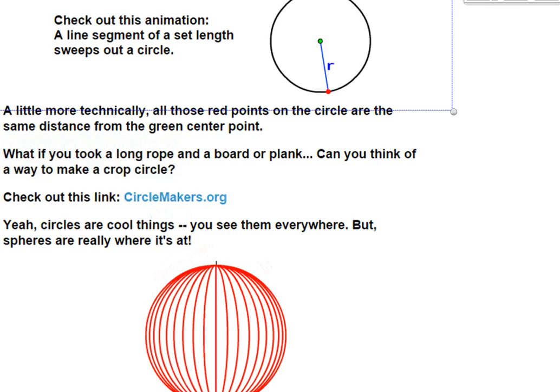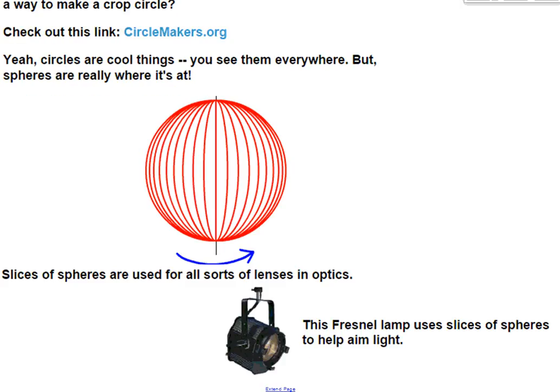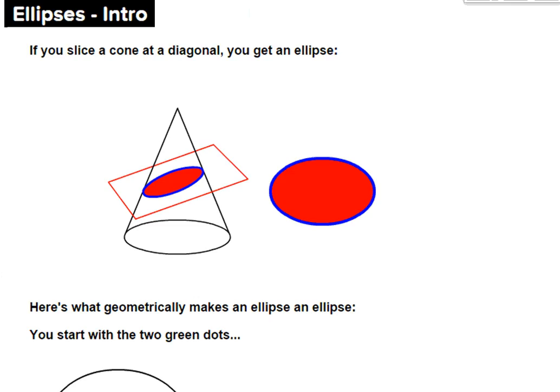Circles are important, but spheres are really where it's all at. Slices of spheres are used for all sorts of lenses and optics. This is a lamp that uses slices of spheres to aim light. So spheres are very, very important.